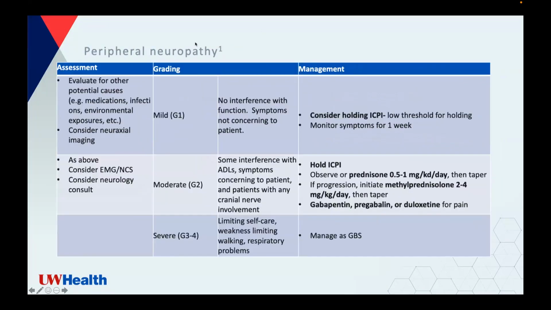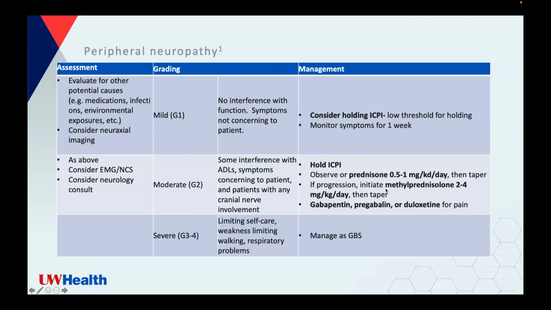For peripheral neuropathy, in mild cases where symptoms aren't so concerning to the patient, we can consider holding the ICPI, potentially with a low threshold for holding it and monitoring symptoms going forward. For more moderate cases, if it's interfering with their activities of daily living or if there's any cranial nerve involvement, we want to hold the ICPI, observe or start low-dose steroids, 0.5 to 1 mg per kg per day, and taper.